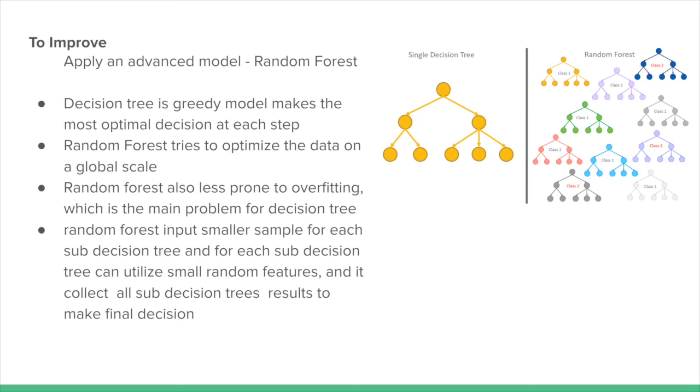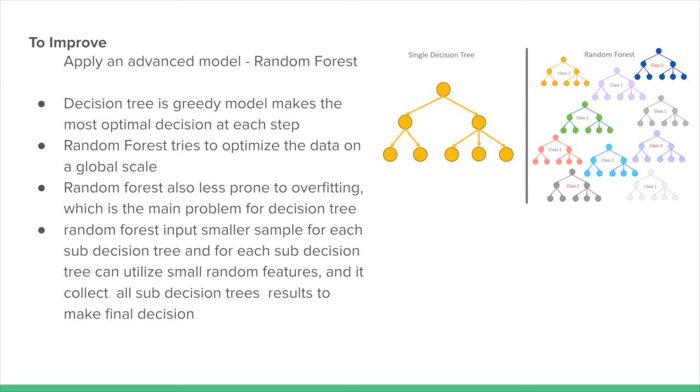Compared to that, the random forest tries to optimize the data globally. This will make it more accurate than a single decision tree. And random forest is less prone to overfitting, which is the main problem for decision trees. A decision tree overfits because it has too many attributes and creates noisy decisions.